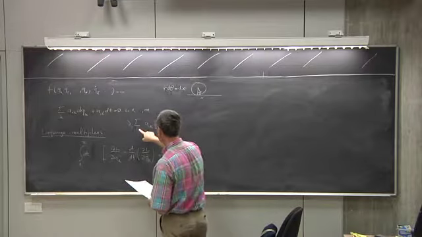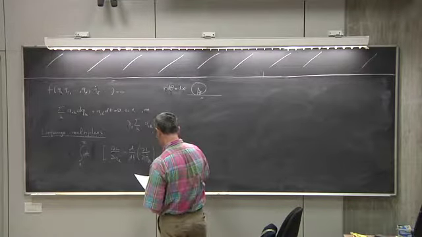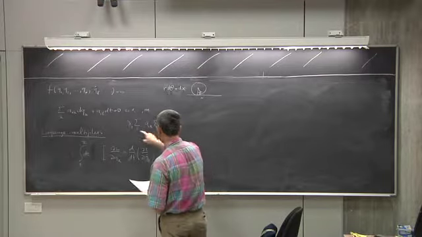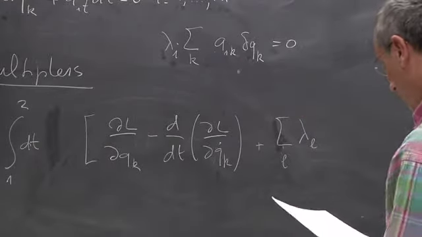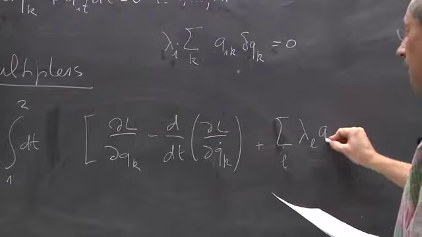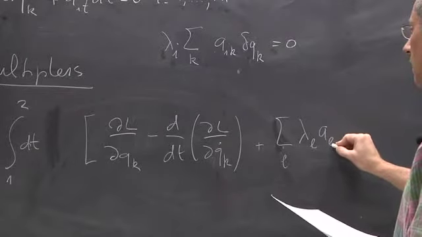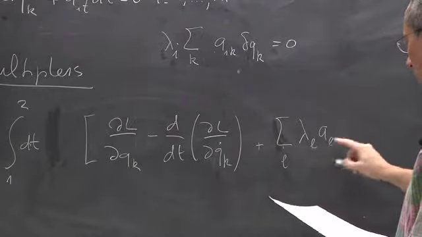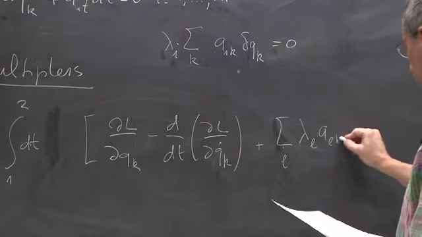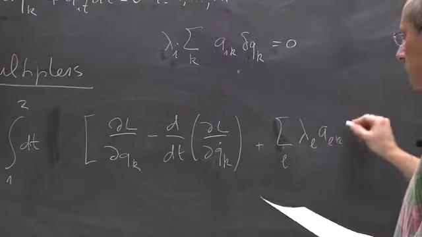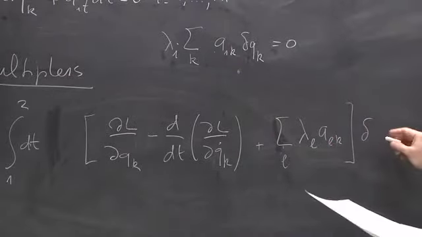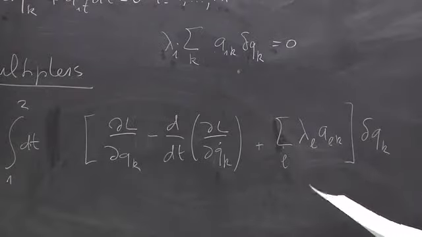I have a sum of all the possible terms, let me call it L, lambda L, with a K. And everything, this and this, is multiplied by the dqk, okay?